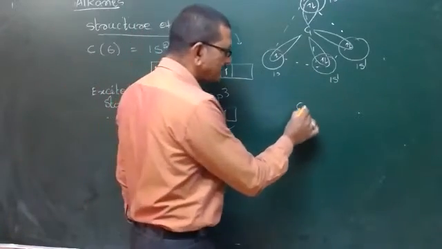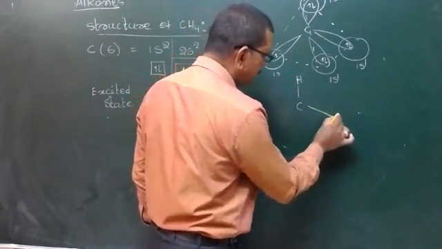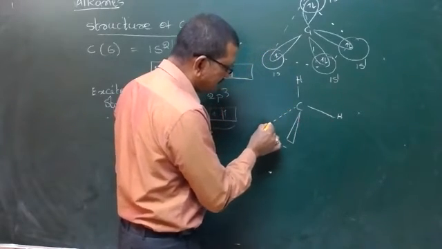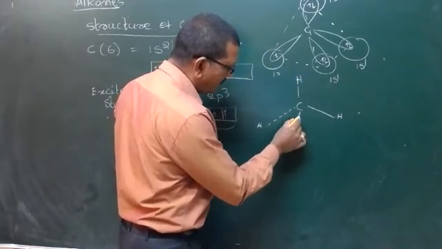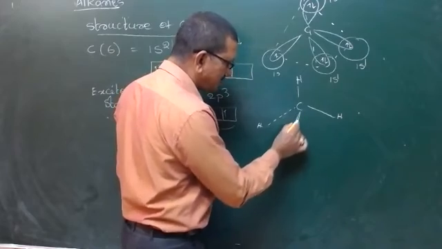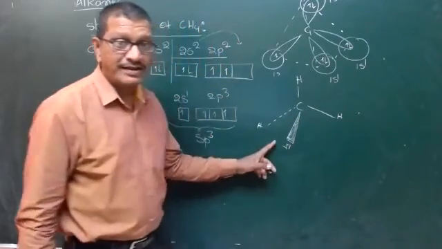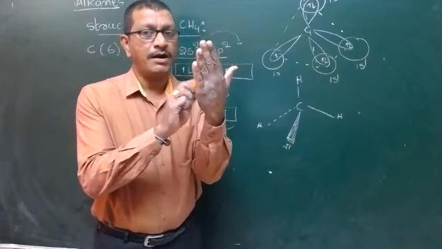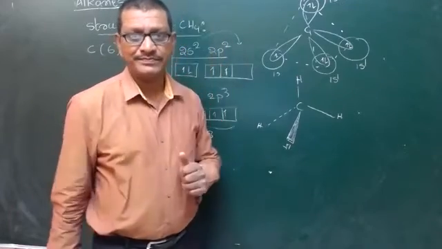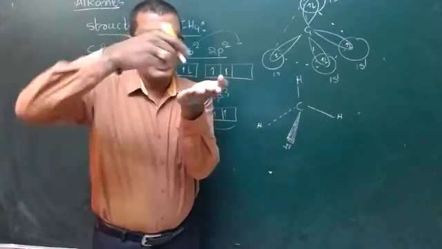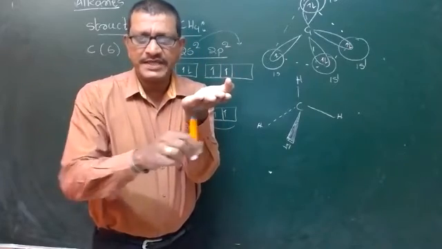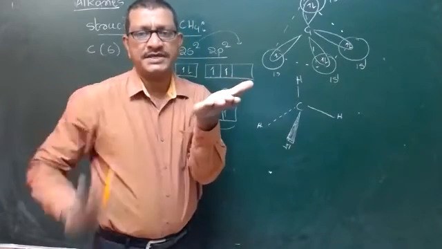Then we can write the structure: hydrogen, hydrogen, and hydrogen, and this is the other hydrogen. I give a dark line for the one near the viewer, above the plane. Suppose this is the plane: above the plane one hydrogen is present, below the plane one hydrogen is present, and on the plane two hydrogens are present.